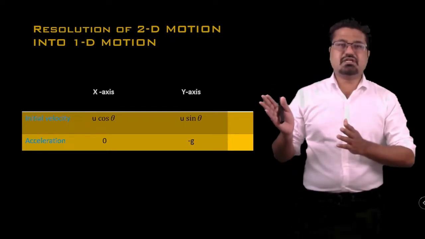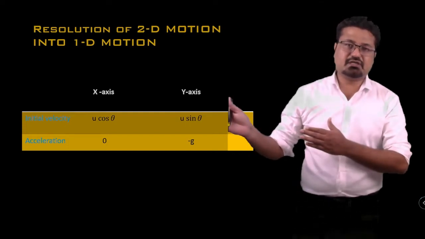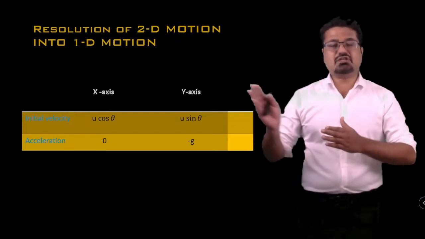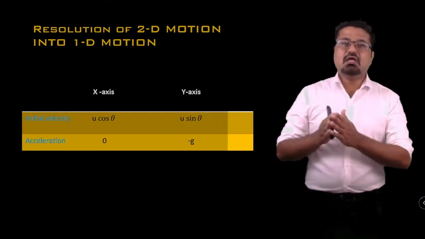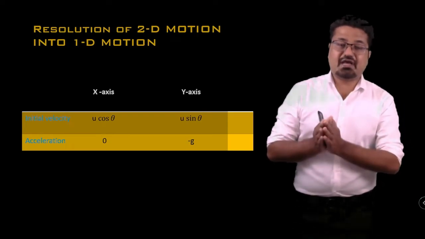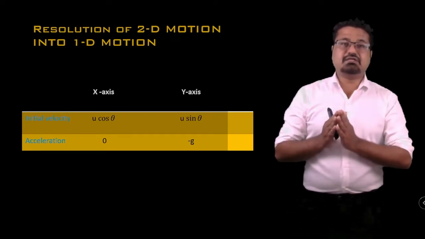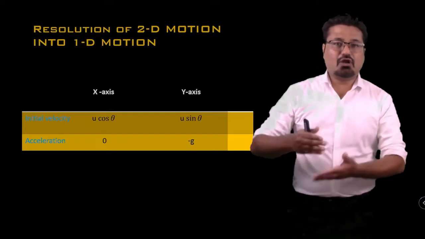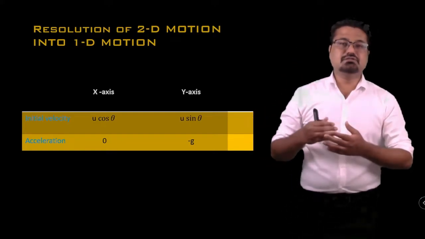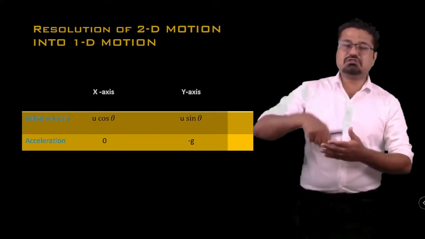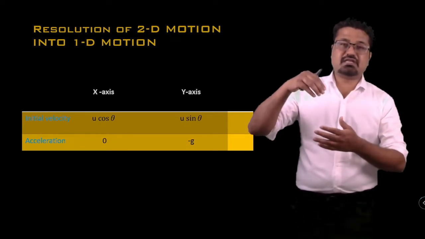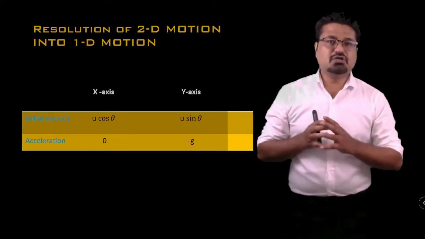Because there is no force along the horizontal direction, the value of acceleration along the x-axis is 0, and because there is gravity along the vertical direction, the value of acceleration along the vertical direction is negative g, negative because the acceleration is acting towards the downward direction.